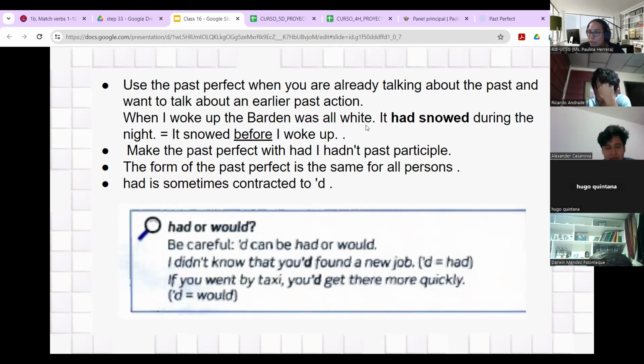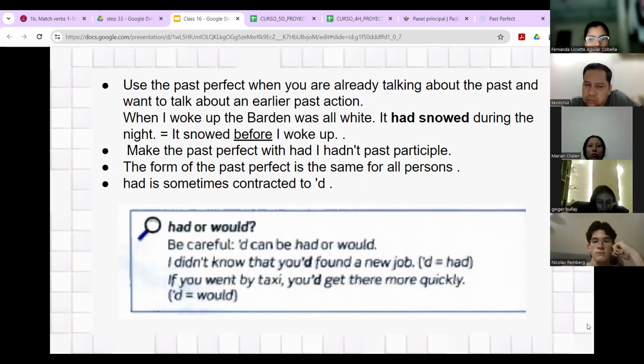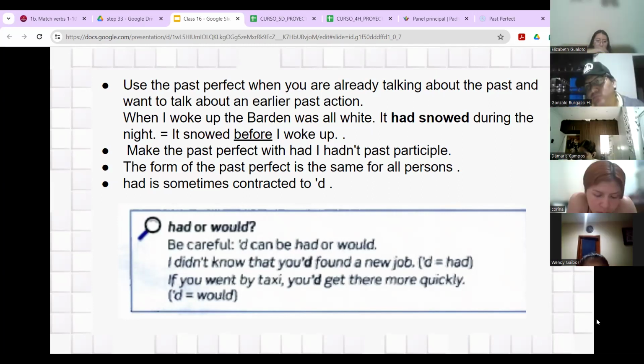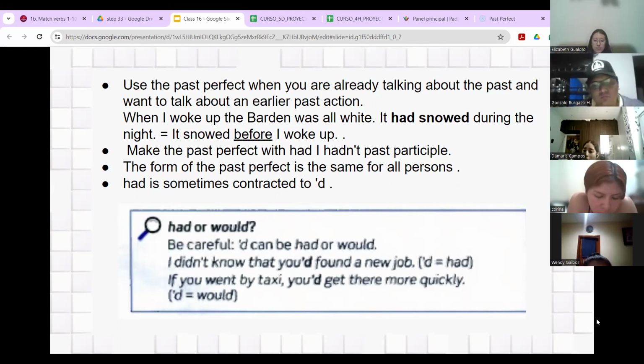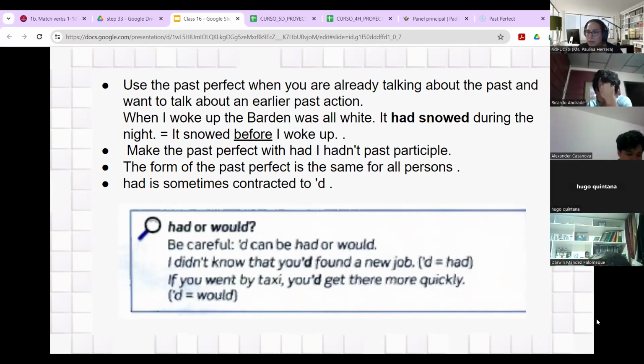Then let me see who else. Okay, who else talked to me about something? Let me remember. For example, Nicolas said that his friend bought a guitar, right?